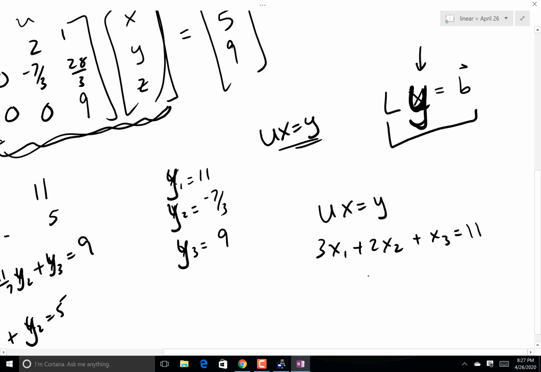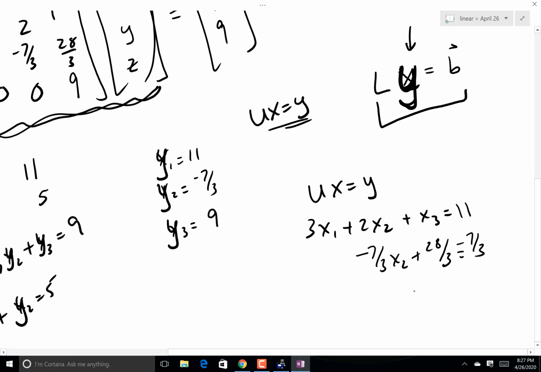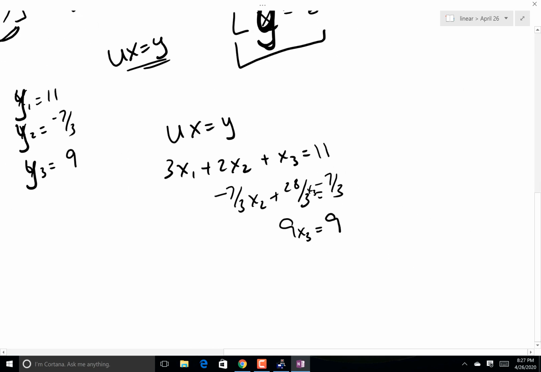And then negative 7/3 x2 plus 28/3 equals negative 7/3. Okay, and then you're going to have 9. This is not x3, sorry, and it's going to be 9x3 is equal to 9. That's awesome. So when we solve this equation, clearly x3 is equal to 1.